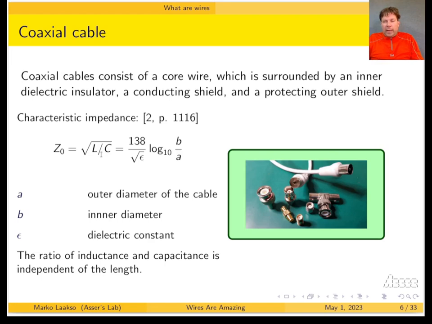So it's the ratio and the balance between them. We don't have to consider the resistance too much if the length of the cable is reasonably short.